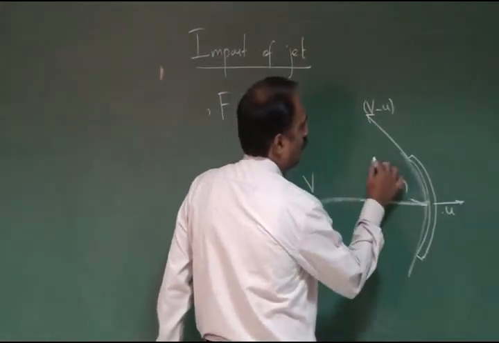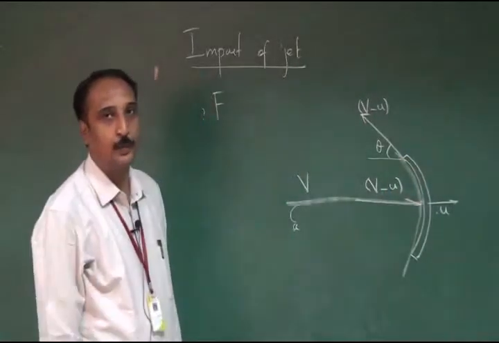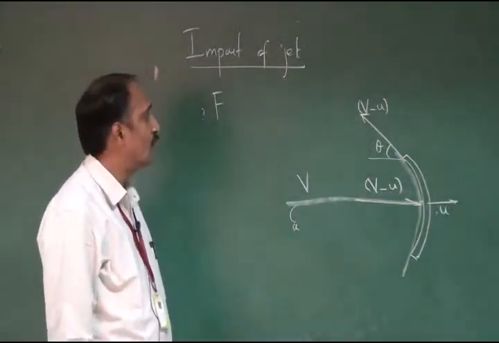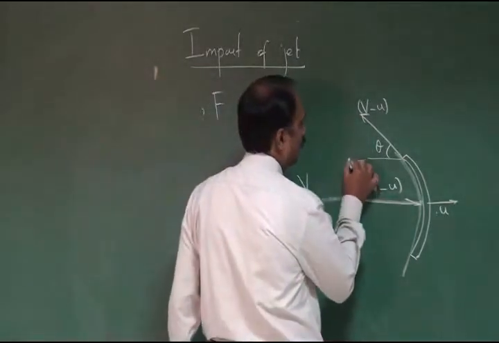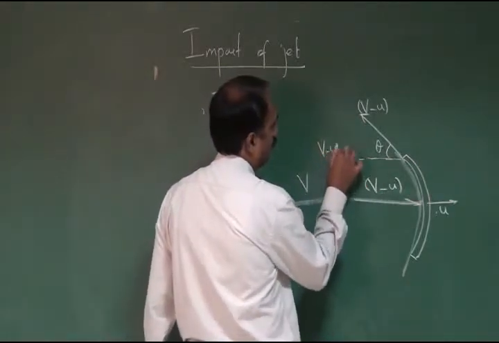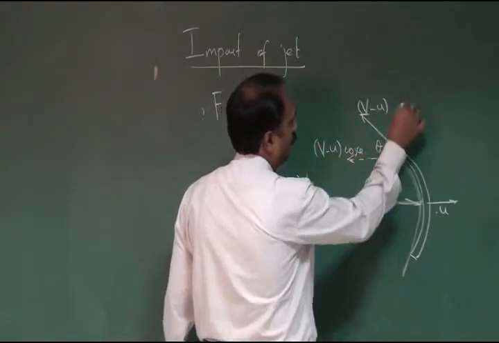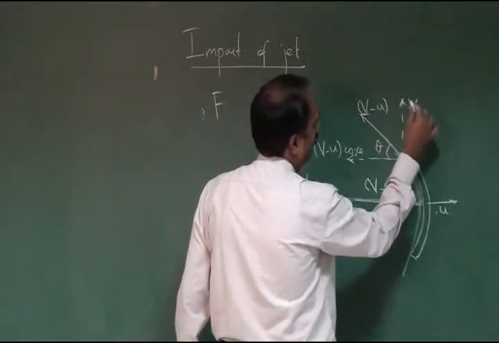This is the slope of the velocity vector. You have to split this velocity vector into two components: one is the horizontal component, in the reverse direction, and the vertical component, in the forward, upward direction.